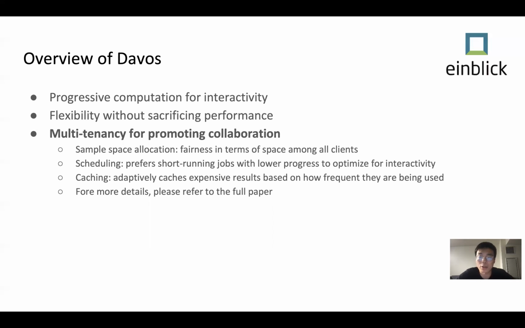We also have a scheduling strategy which prefers short-running jobs with lower progress to optimize for interactivity in a multi-tenant scenario. And we have an adaptive caching strategy, which can adaptively cache expensive results based on how frequently they are used over all clients. Again, for more details, please refer to our full paper.